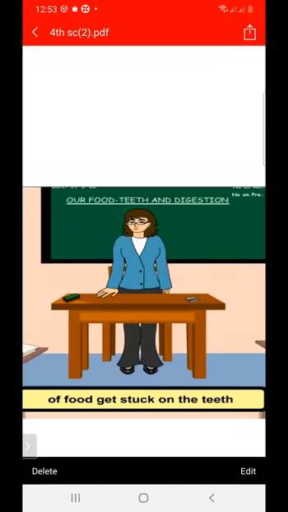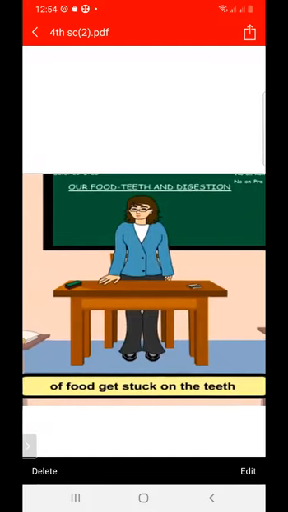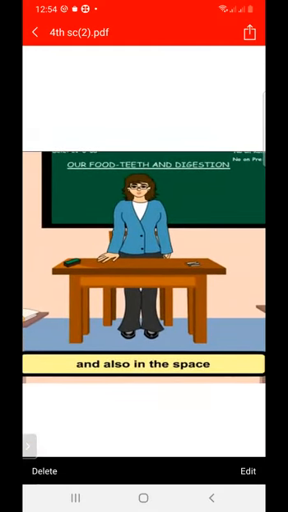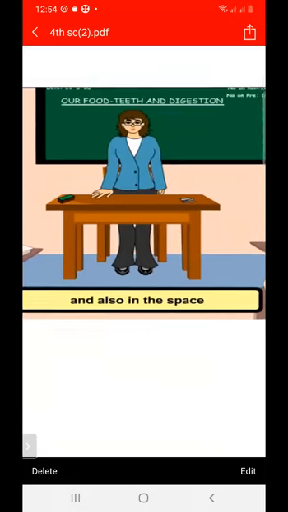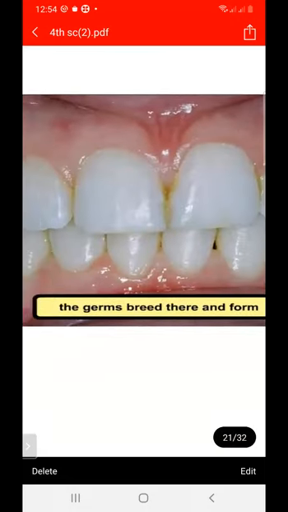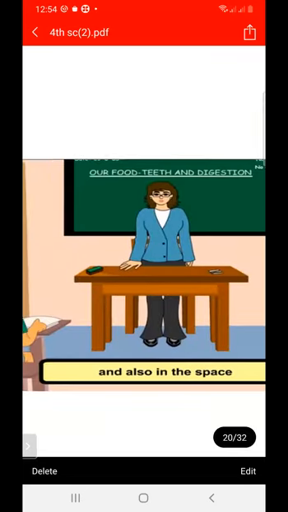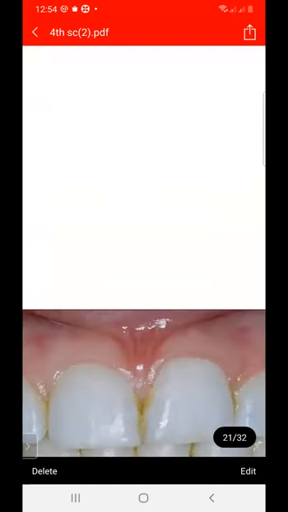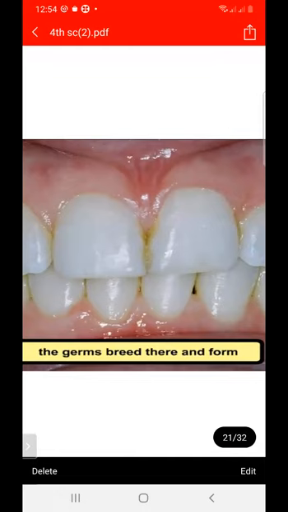They get stuck on the teeth and also in the spaces between them, and the germs breed there and form a covering.